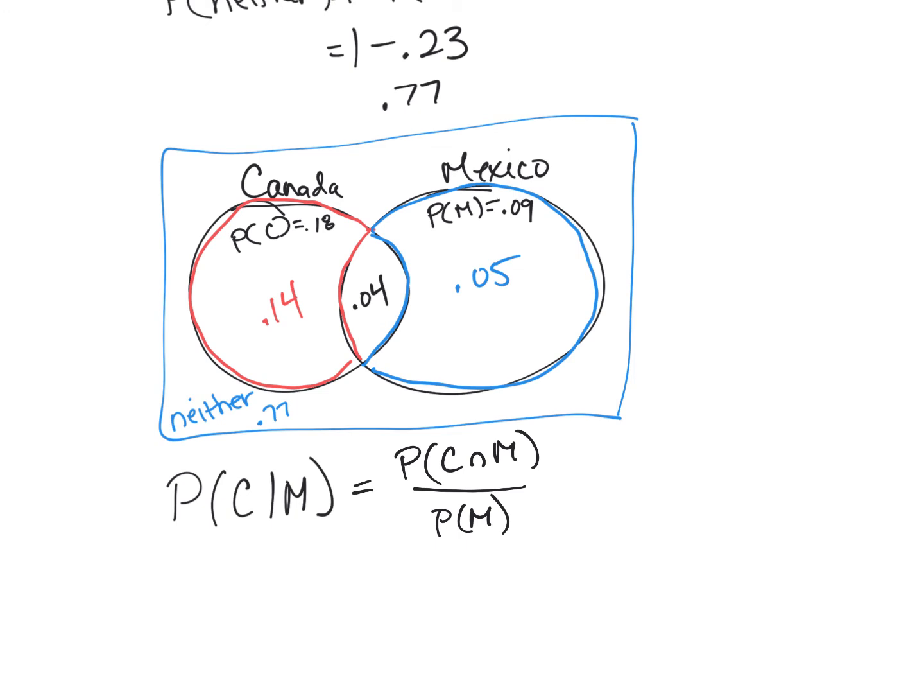Clearly, these people travel, right? So what's the probability of Canada and Mexico? No. You're given the probability of Canada and Mexico. It's not 0.18 times 0.09, it's 0.04. That's the probability that they've been to both, right? So 0.04 is the probability that they've been to Canada and Mexico, divided by the probability they've been to Mexico, 0.09, which is 4/9, which is 0.444.